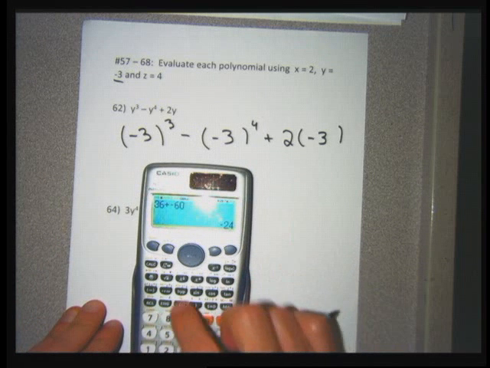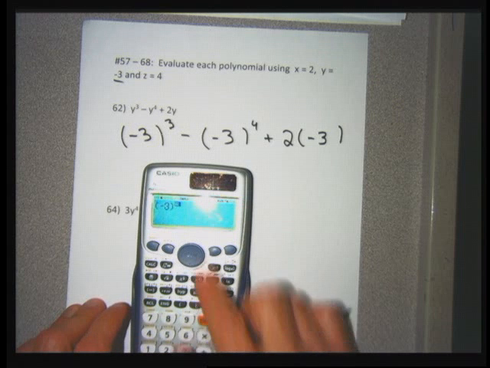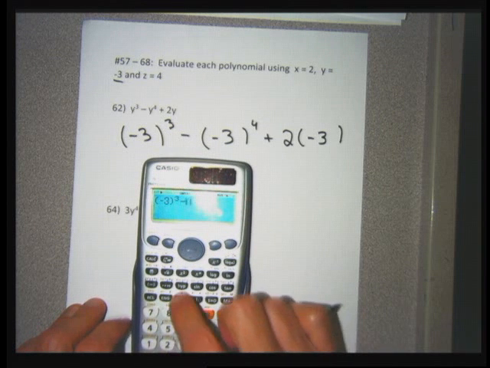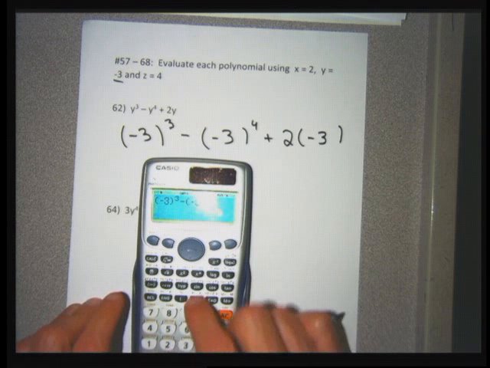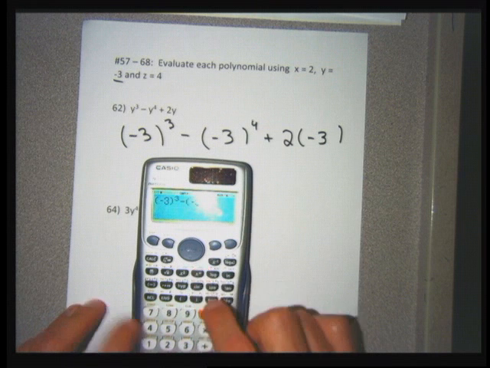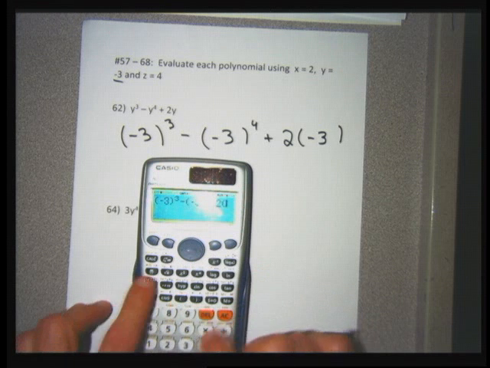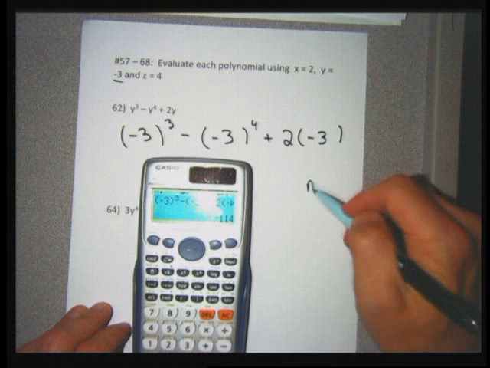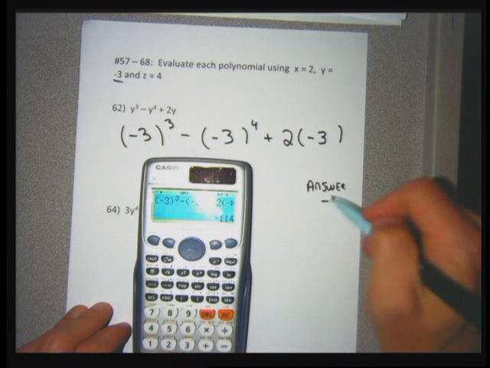So parentheses negative 3 exponent 3, right, replay, and then minus parentheses negative 3 parentheses exponent 4, right, replay, plus 2 parentheses negative 3. And the answer to this is supposed to be negative 114.